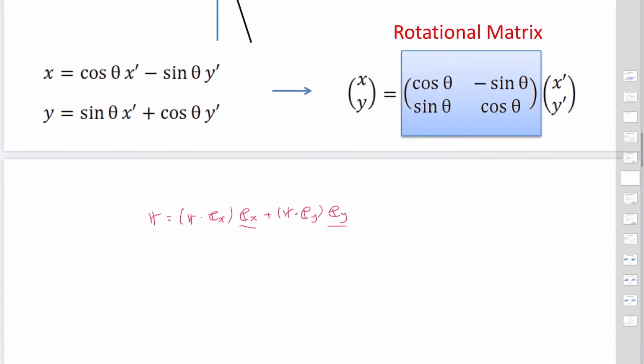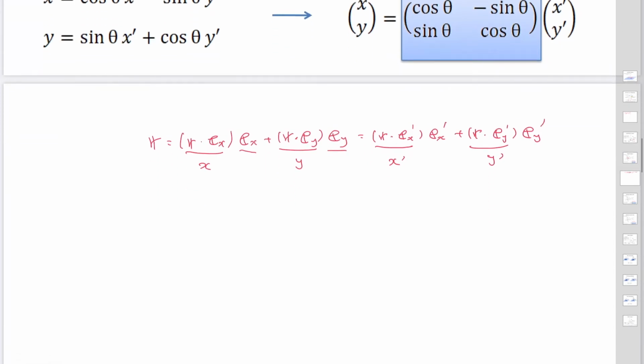Also, we can express this as r scalar product e sub x prime, e sub x prime, plus r scalar product e sub y prime, e sub y prime. This corresponds to x, this corresponds to y, this is x prime, and this is y prime.